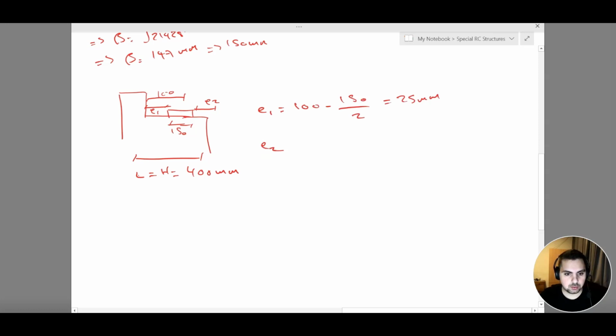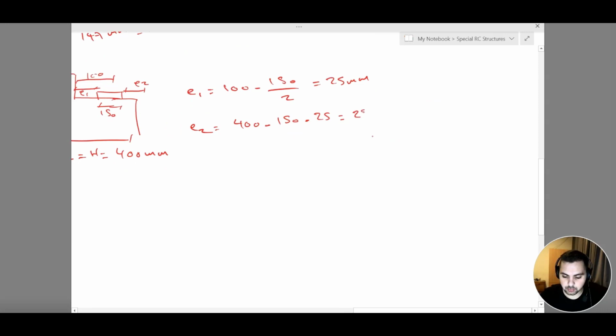Now my E2 equals 400 minus 150 minus E1, so 400 minus 150 is 250 minus 25, which equals 225 millimeters.